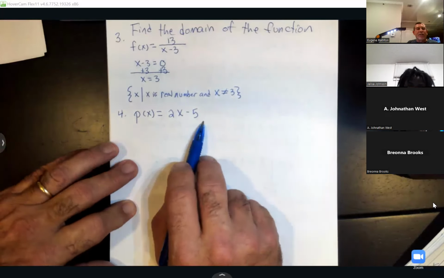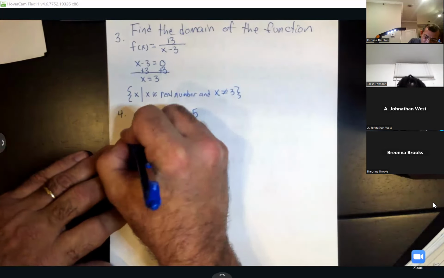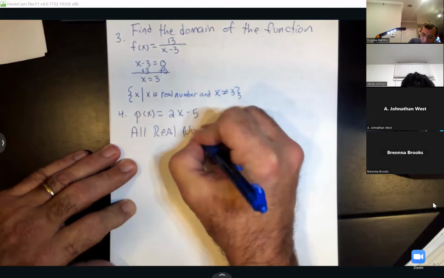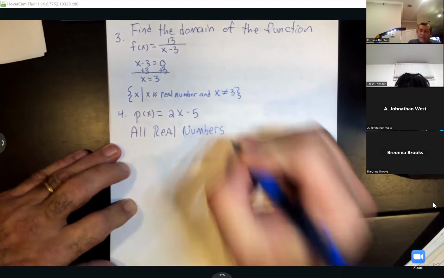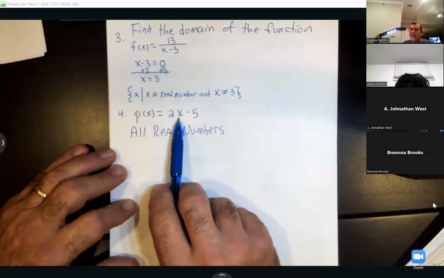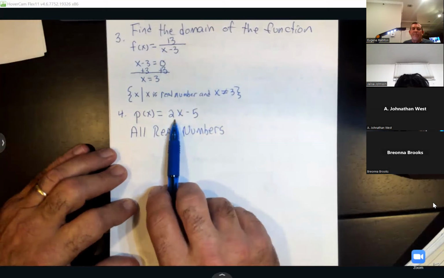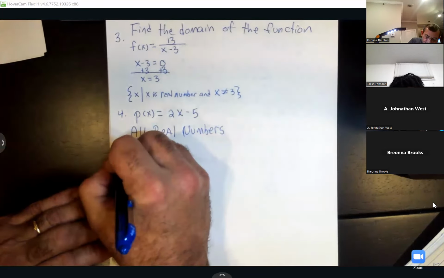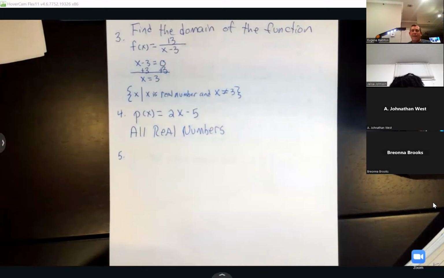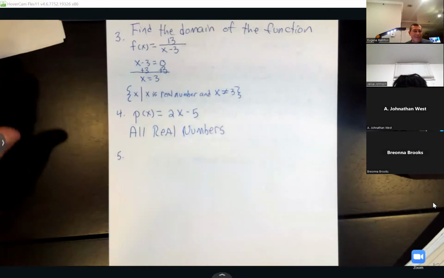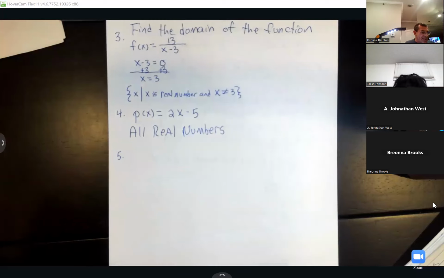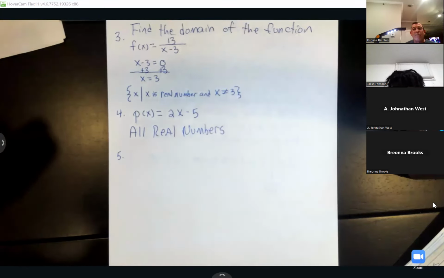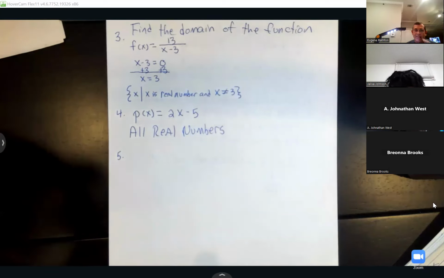There's no fraction here, so automatically this domain will work for all real numbers. There's nothing I can put in for that x that when I multiply by 2 will make that thing undefined at all. So y'all, it all goes back to that one thing I said. We're only worried about fractions for these domains, okay?